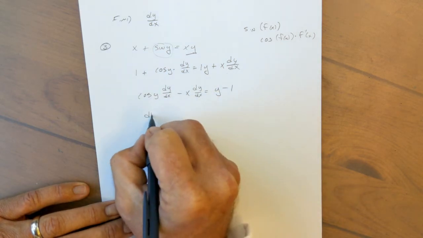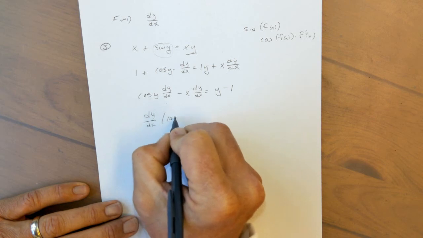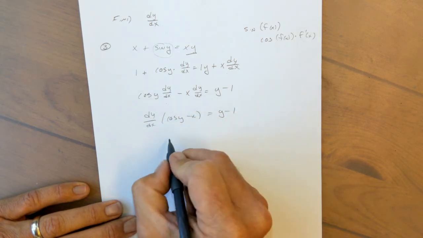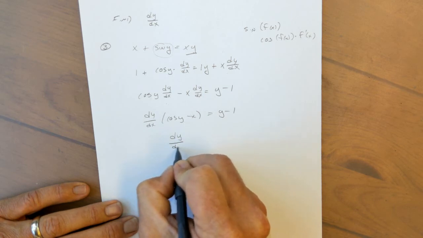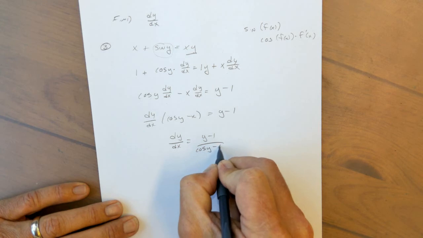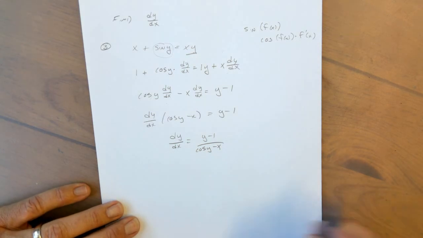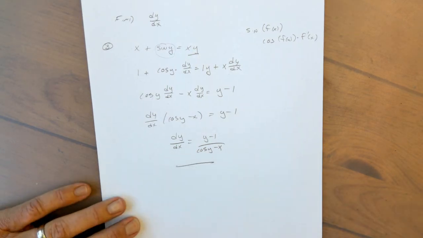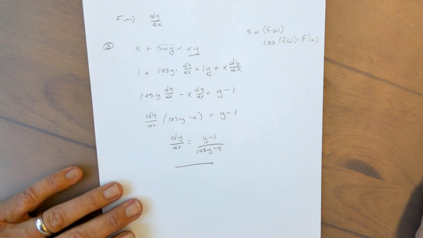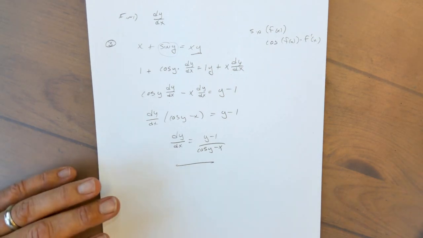We'll factor out a dy/dx from both of those terms. And lastly, divide by the cosine of y minus x. And we end up with y minus 1 over cosine of y minus x. All right, so there's three examples where we're using implicit differentiation. Hope that helps, and we'll see you soon.